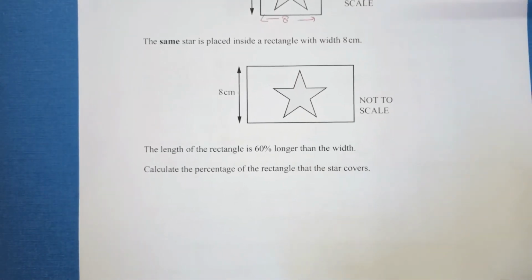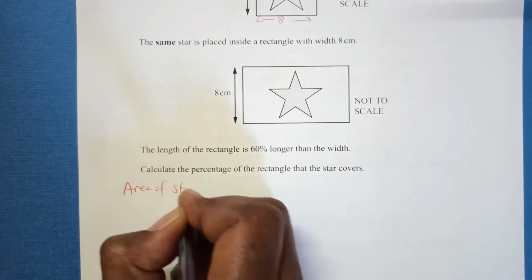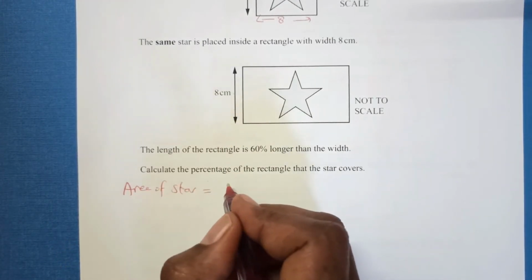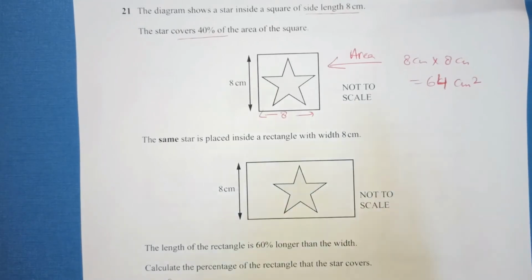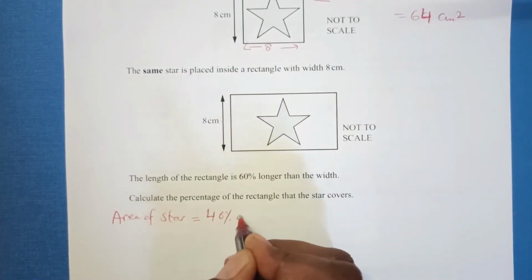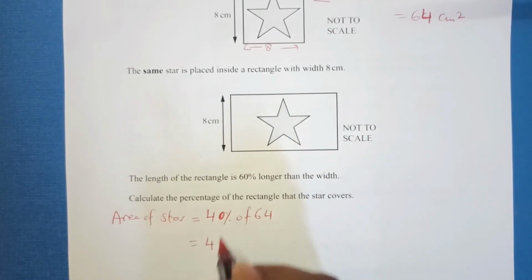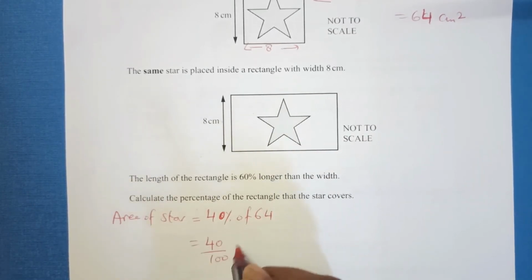So we can find the area of the star. The area of the star is 40% of the area of this square. So 40% of 64, which is 40 over 100 times 64.